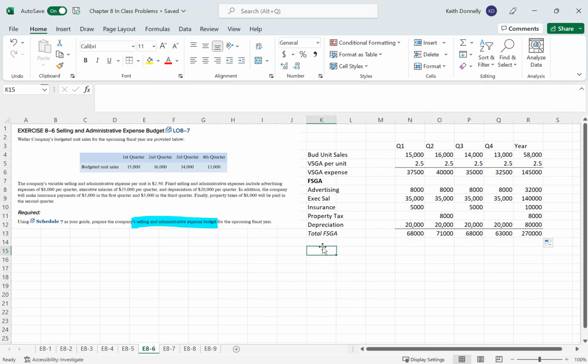Then what we can do is figure out our total SG&A. So what we'll do here is take our variable SG&A plus our fixed SG&A. 105. Carry that formula across. And let's put a little tab there for that. Okay, then we got to back out our depreciation because that's a non-cash item.